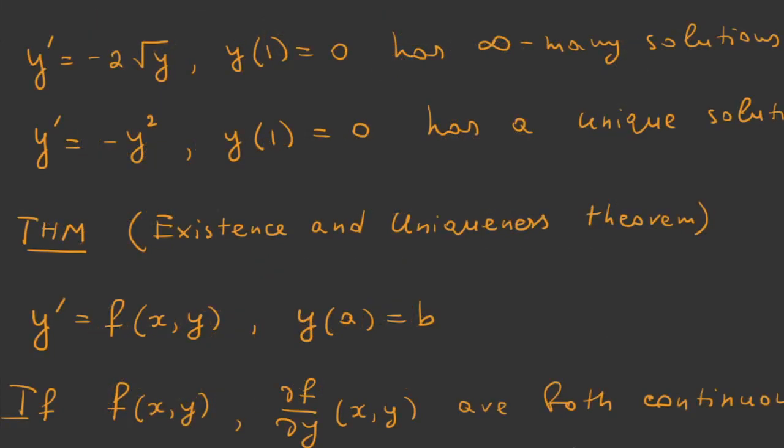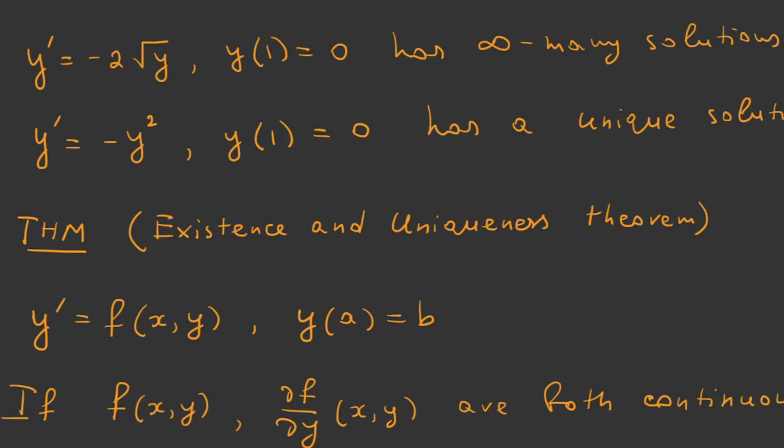Now I would like to explain why these two seemingly similar initial value problems behave differently in regards to the number of their solutions. Why do we get infinitely many solutions in one case and have a unique solution in the other? Of course, the existence and uniqueness theorem tells us that it has something to do with the partial derivative of the right-hand side with respect to y.